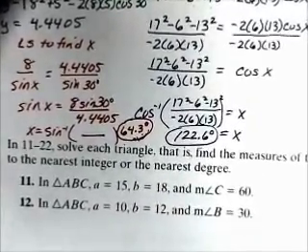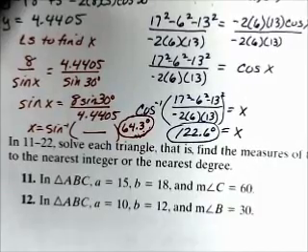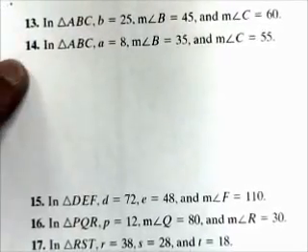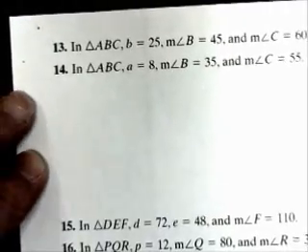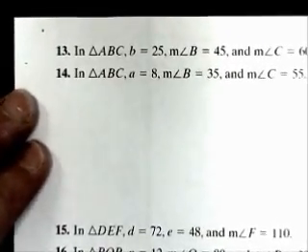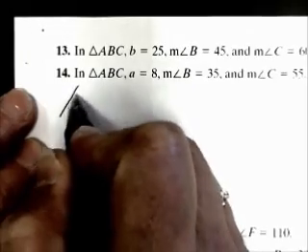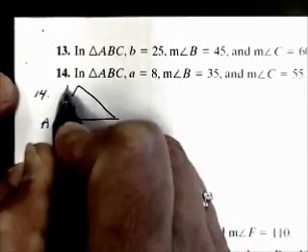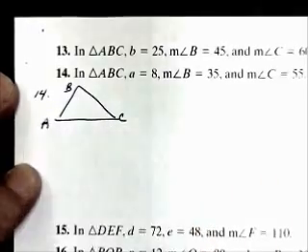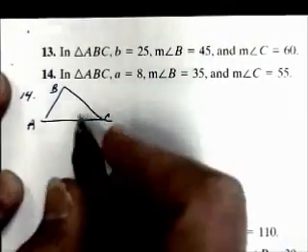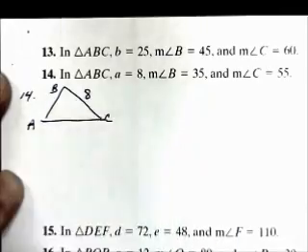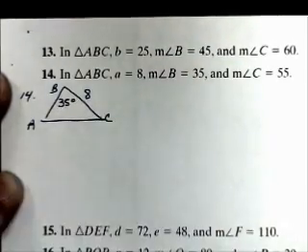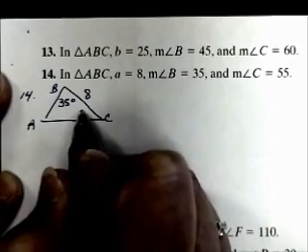That is, find the measures of the remaining 3 parts of the triangle to the nearest integer or nearest degree. So number 14, in triangle ABC, I'll draw a triangle. Lowercase a is 8, so the side opposite angle A is 8, angle B is 35 degrees, and angle C is 55 degrees.